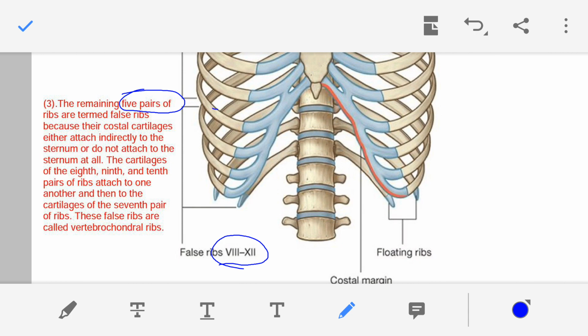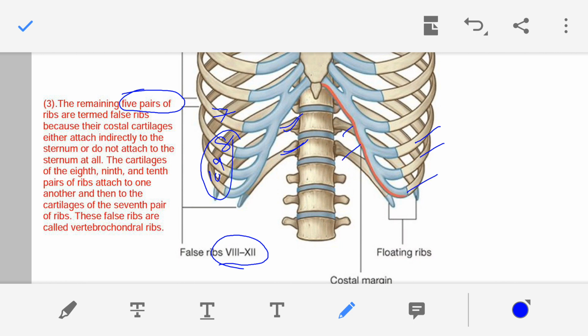This was rib number 7. This one is rib number 8. This is rib number 9. This is 10, and we have 11 and 12. So 8, 9, 10, 11 and 12. Then this side also, this one, this one, this one, this one and this one.